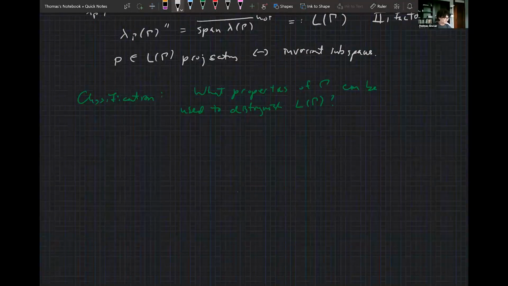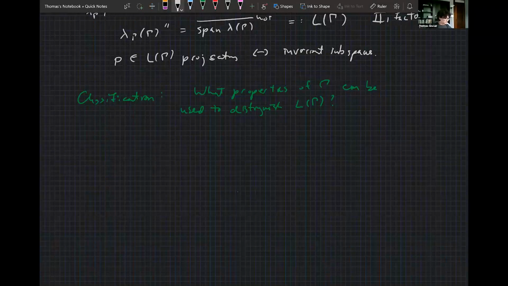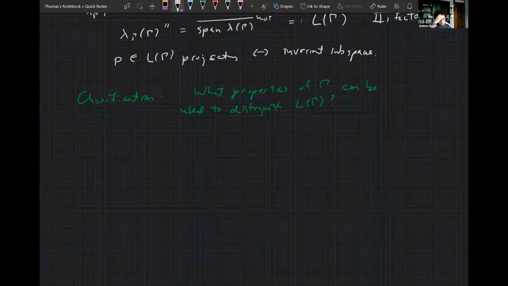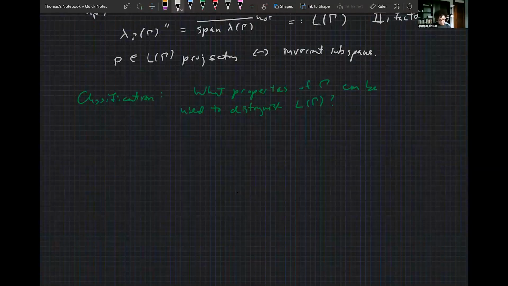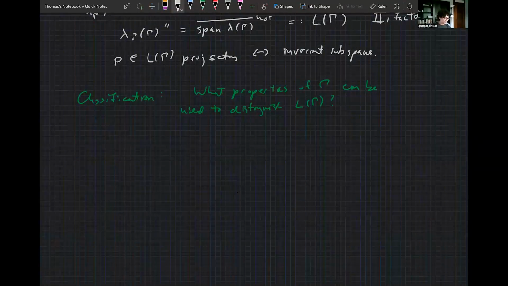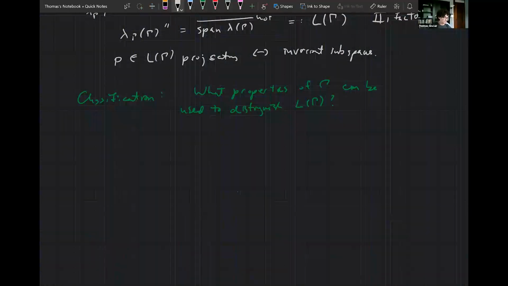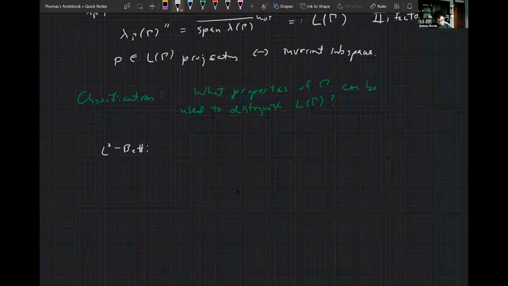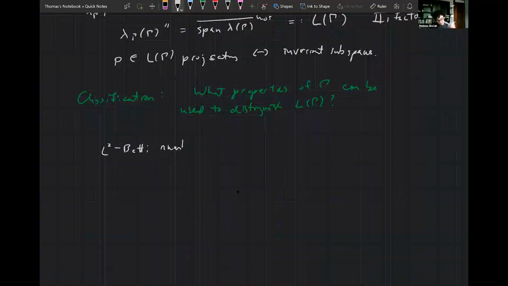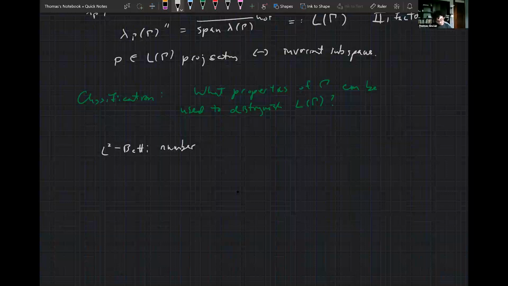You kind of want invariants that take broad numerical ranges. There are a couple of related invariants that exist for groups and dynamical systems associated to a group, and even for II_1 factors. There's the L2 Betti number, and I want to focus in on this in a second, so I'll tell you what that is if you don't know.